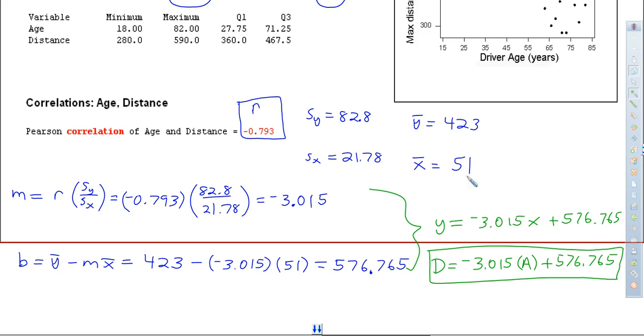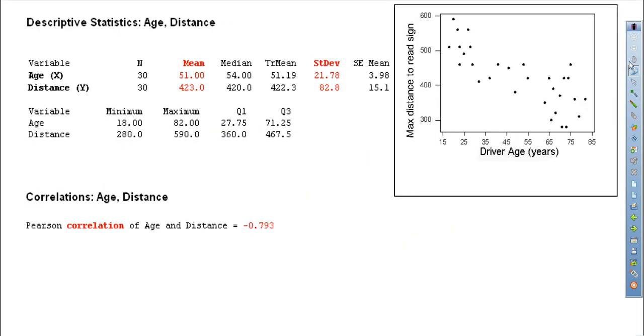Where distance equals negative 3 times age plus 576. So ours is slightly different, most likely from rounding. Okay. Let's move on to the last page of our video, putting this all together.